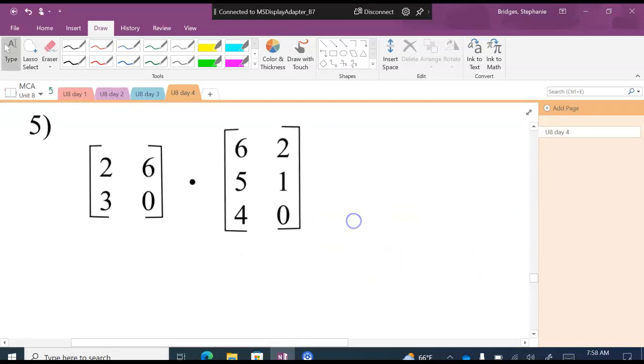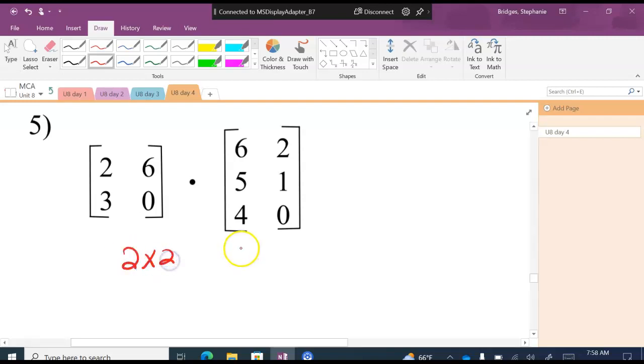Try this one. What size is the first one? 2 by 2?